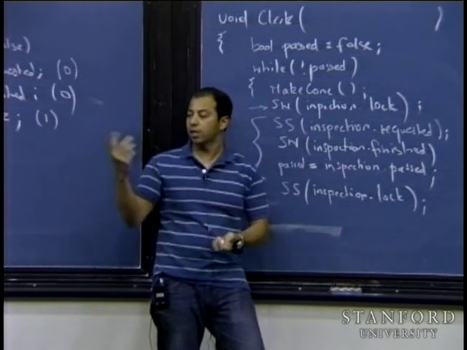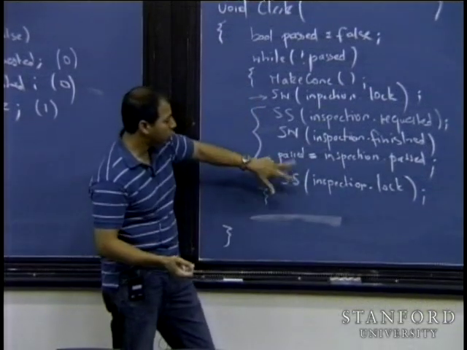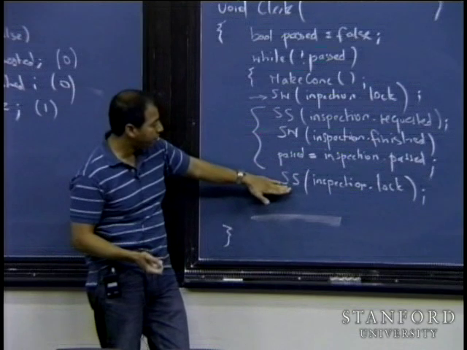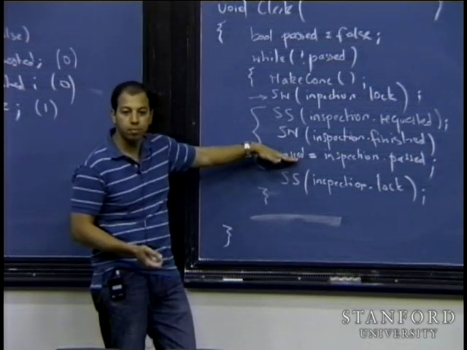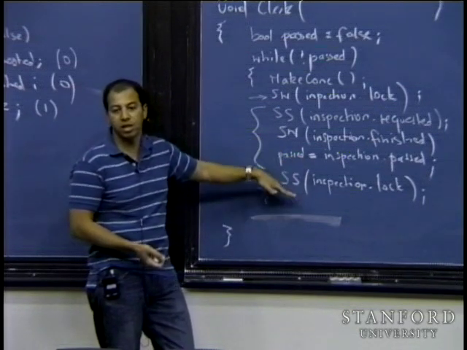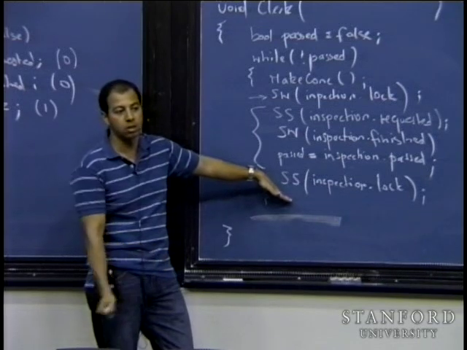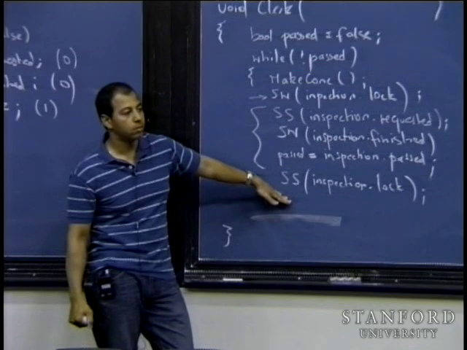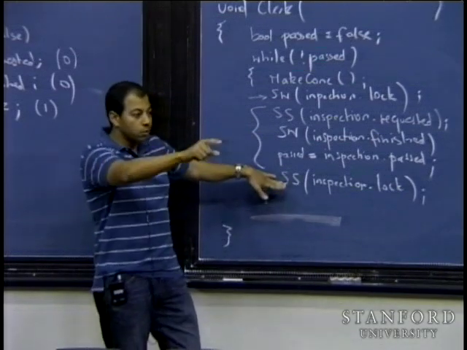Let's think about it differently. What happens if you switch those two lines? What happens if we first signal the lock, basically release the lock, and then check the value of what's in passed? Potentially, you're not sure.